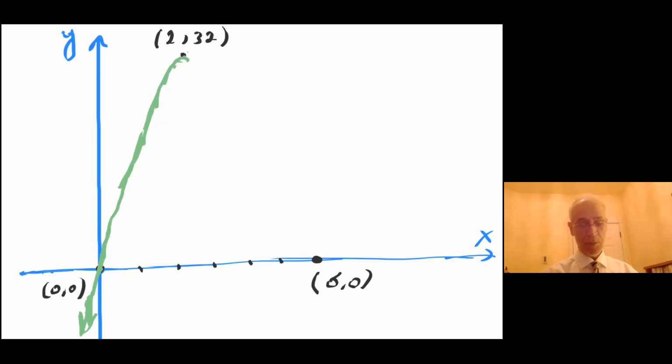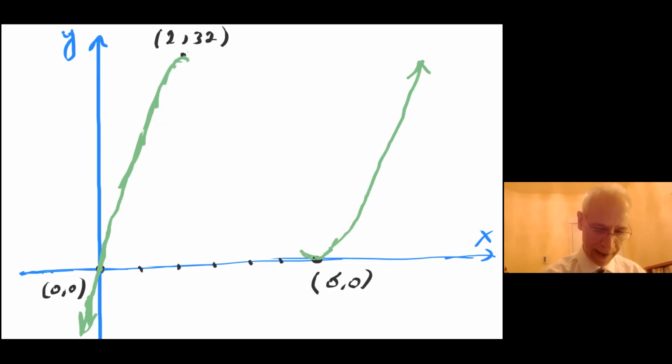But we said at 6 comma 0, the multiplicity was 2, so it is bouncing back. I do not have a crossover. And we said that at 4 comma 16, I do have an inflection point. So 4 comma 16, 1, 2, 3, 4, comma, 32 halfway somewhere in here, so that's my inflection point.